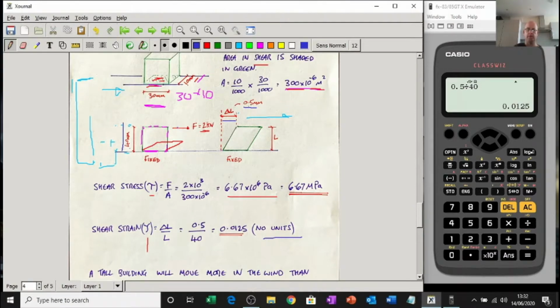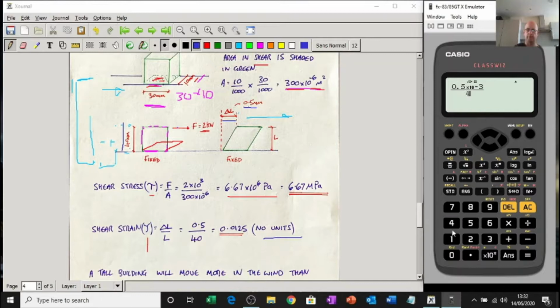So you need to be careful. The height is the original length, and how much it deforms by in that direction is the change in length. I've kept it in millimeters here, but it makes no difference. I could do that in meters, so I could do 0.5 divided by 1,000, which gives me 0.5 millimeters in a meter, divided by the height, 40 mil.